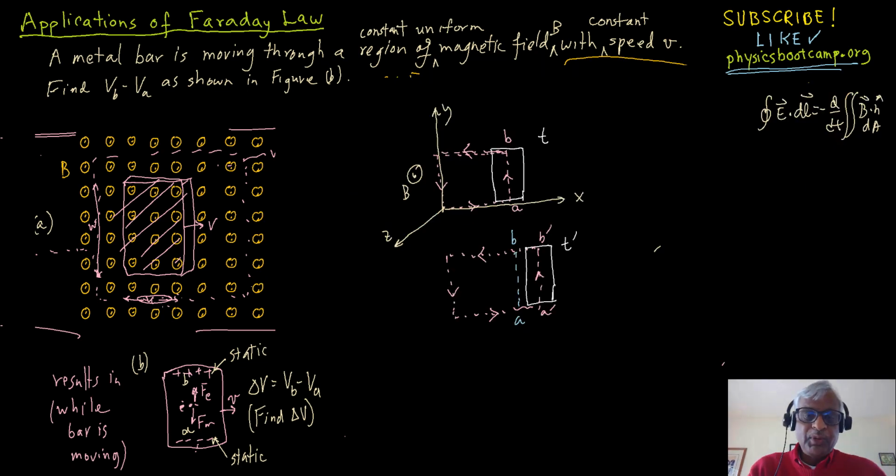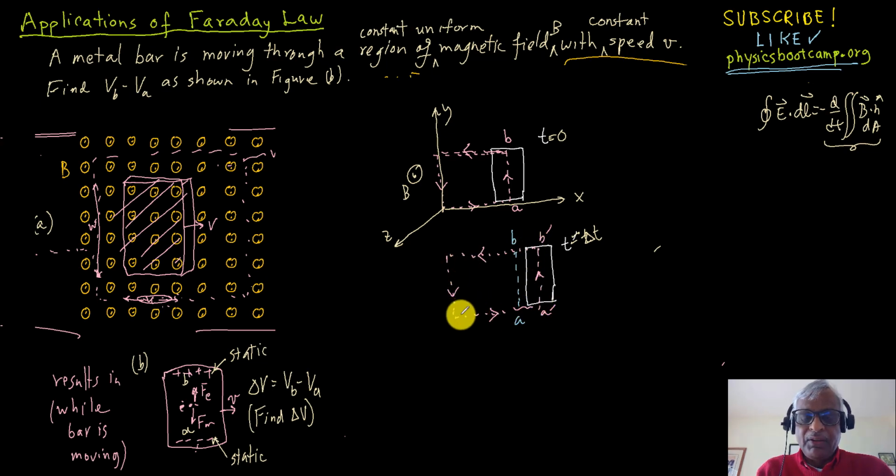Okay, so here are a couple of diagrams I drew. At t equal to 0 it is over here, and at t equal to delta t it is over here. The right side is quite easy to obtain. B is constant, and the loop is expanding.